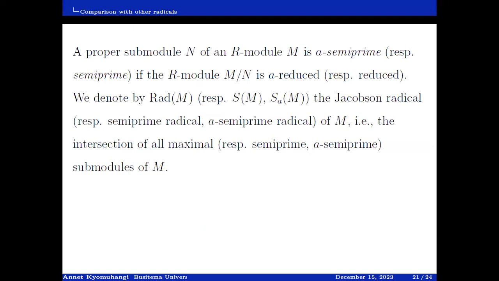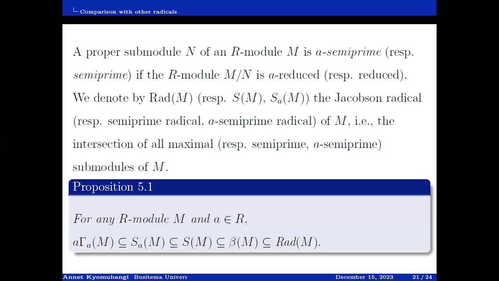We compare this local nilradical with other known radicals, the already existing radicals. We have the a-semiprime radical, which is just the intersection of a-semiprime submodules of M. The semiprime radical, which is the intersection of semiprime submodules of M, and then the Jacobson radical, which is the intersection of all maximals.